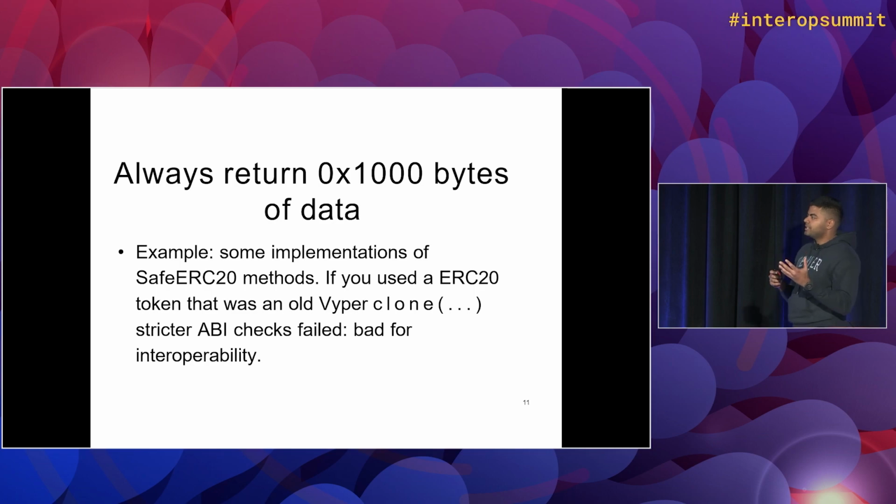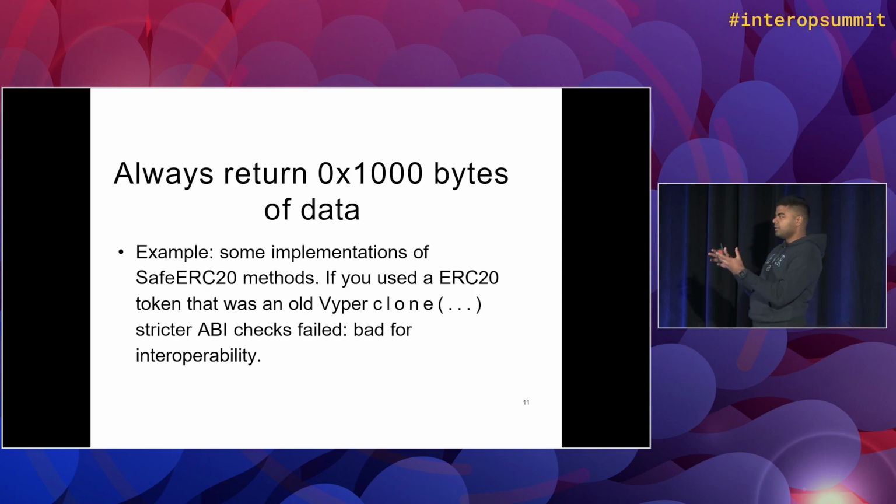There are some implementations that restrict this: if you are using an ERC20 contract and it expects just 32 bytes of data, and you return more than 32 bytes, you just revert. It doesn't accept it. So if you use the old Vyper clone implementation, and if you had stricter ABI checks, then the use of this proxy, which doesn't use returndatacopy, would fail.